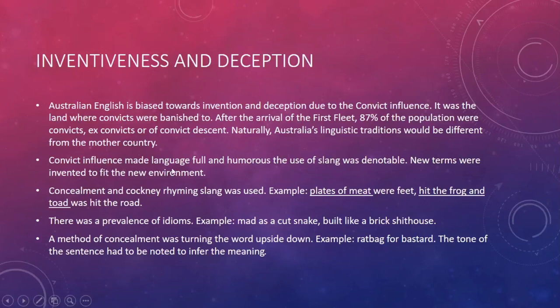Then we can see this convict influence in the language because the language was full and humorous. And we can actually see that a lot of wonderful slang terms were used, and also new words and expressions were used to fit the new environment. These convicts, they had never seen any other place like this island.